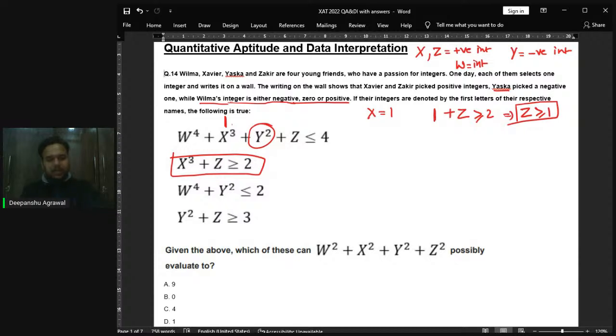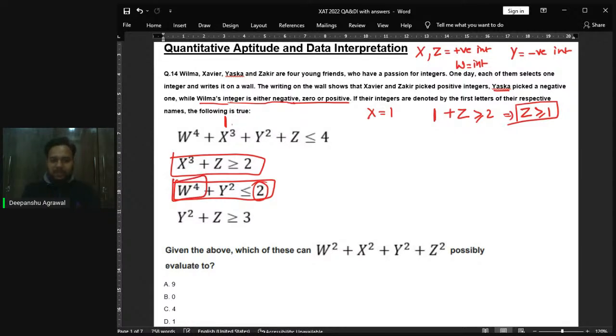Okay, let's see from here the third equation. W to the power 4 and y square, the sum of these two will be less than or equal to 2.